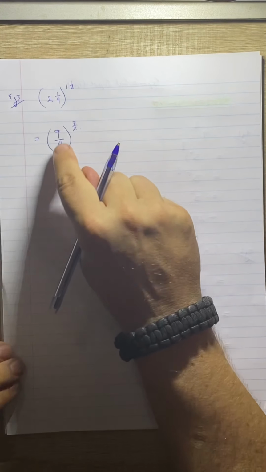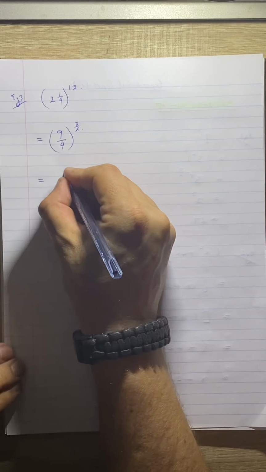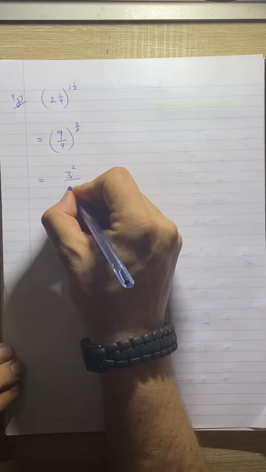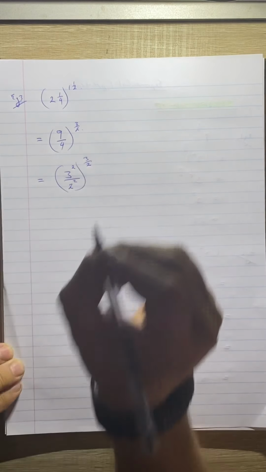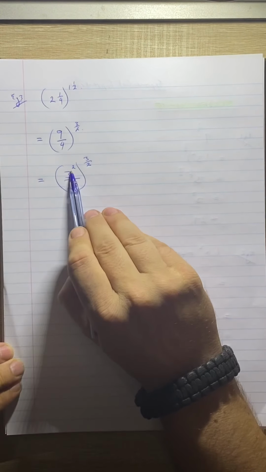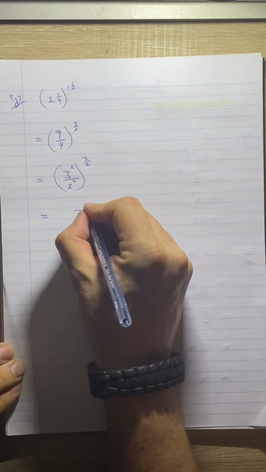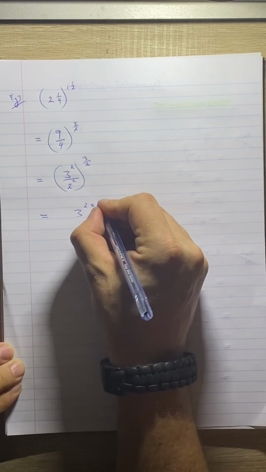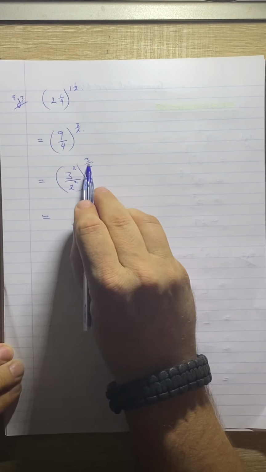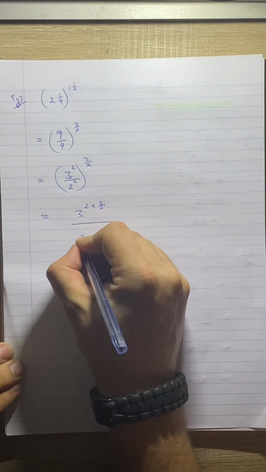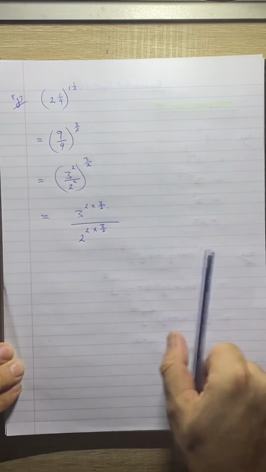Okay, what I need to do is prime factorize these 2 numbers over here. So this will give us 3 squared over 2 squared, to the power of 3 over 2. Now we have something to the power of something raised to another power, so we multiply the exponents. So this will be 3 to the power of 2 times 3 over 2, over 2 to the power of 2 times 3 over 2.